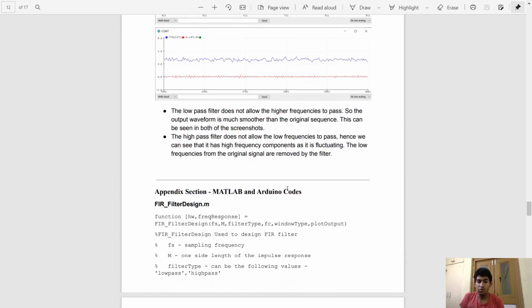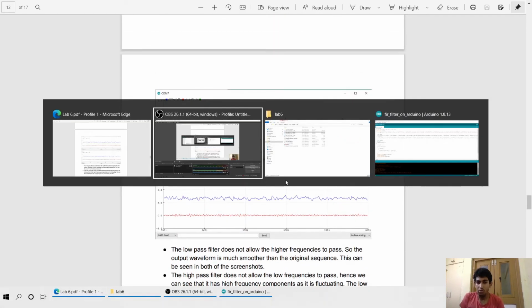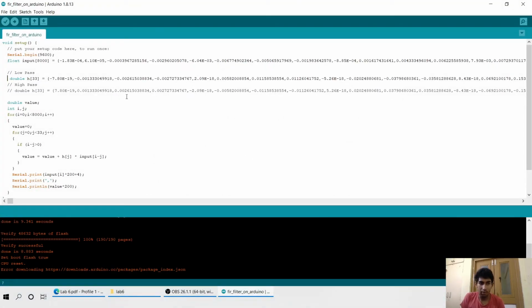I'll now demonstrate these plots on the Arduino board. The input signal is of 8,000 samples, and it's defined by this array. The low pass impulse response is given here, and this is the code which converts the input signal into an output signal using the difference equation and sends it to the serial plotter using these three commands.